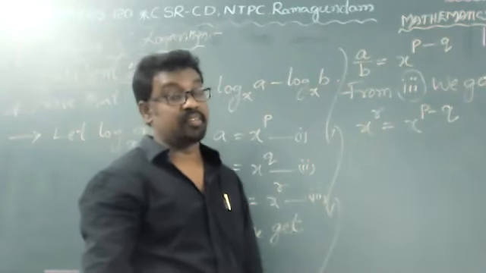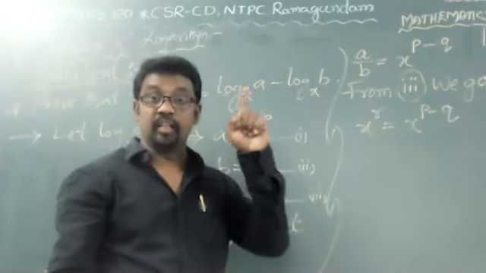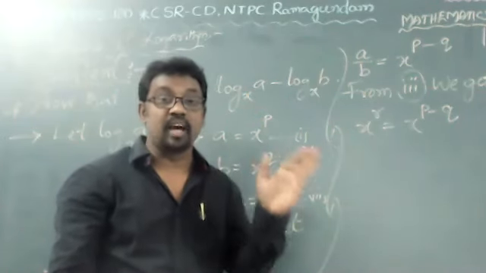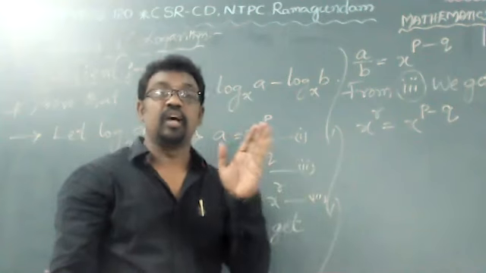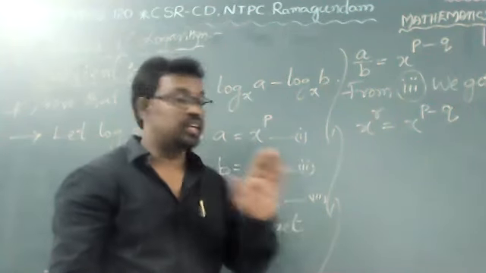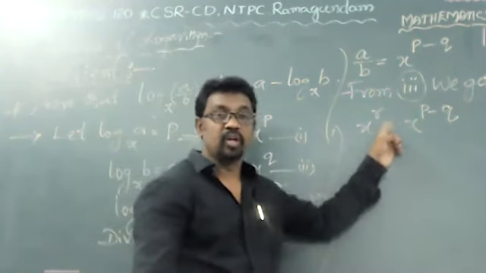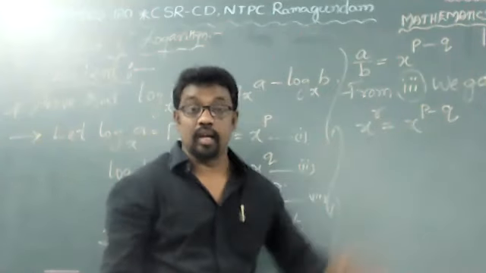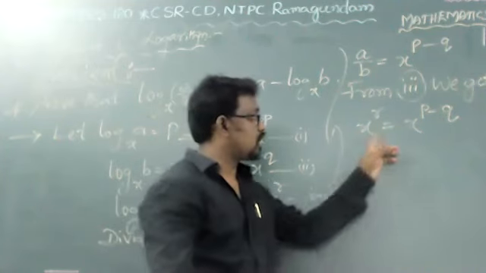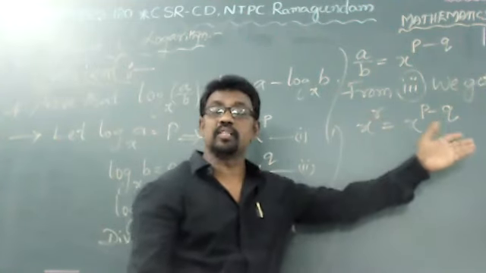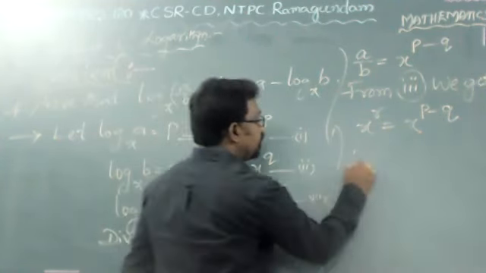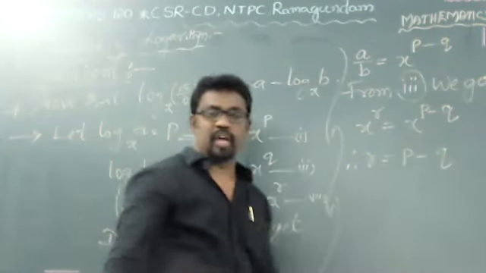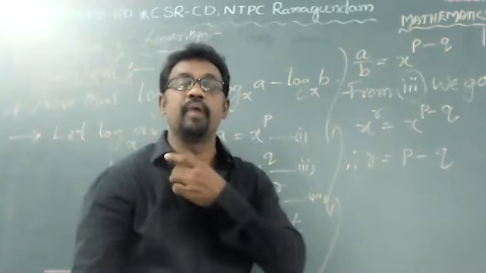What do you understand after seeing this one? How we did in the previous problem? The same manner again. If the bases are equal and the equal to symbol is there, you have to equalize the powers. Therefore, r is equal to p minus q.